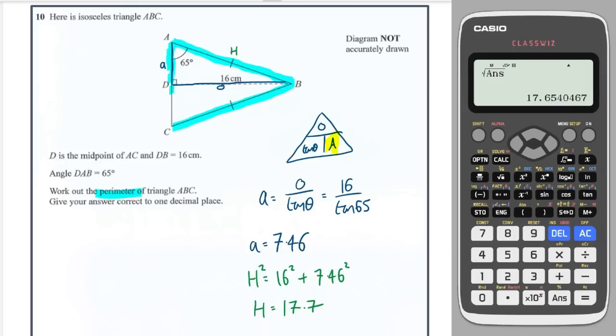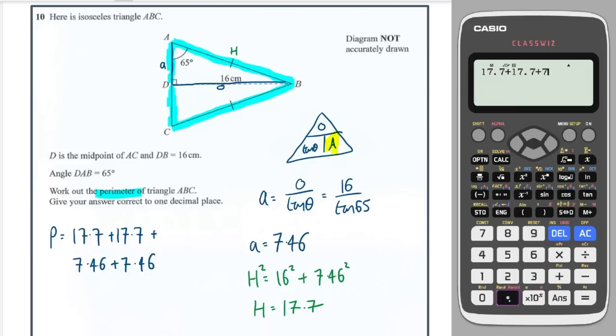I know A, and by symmetry, this is also A. So the perimeter is equal to 17.7 plus 17.7 plus 7.46 plus 7.46. And I get a total of 50.3. Fantastic.